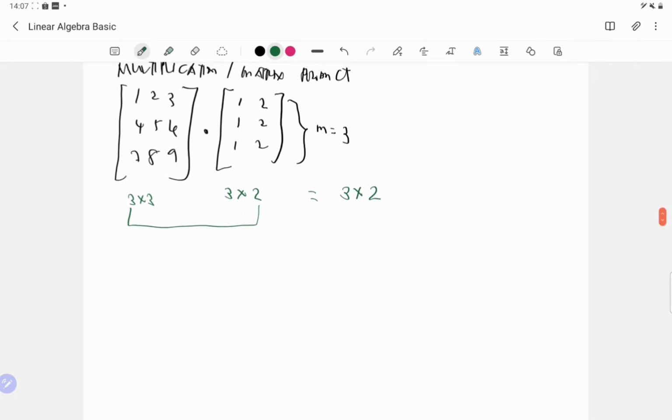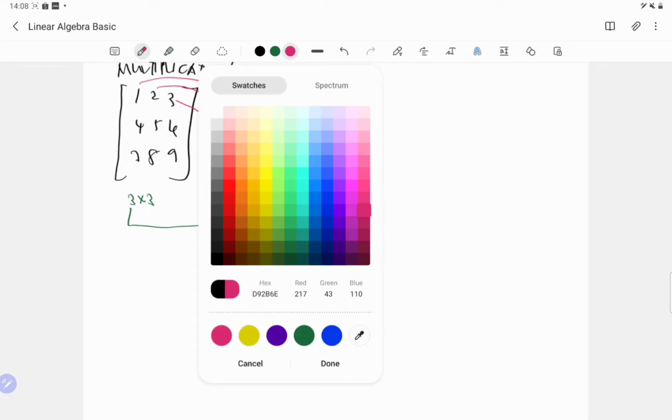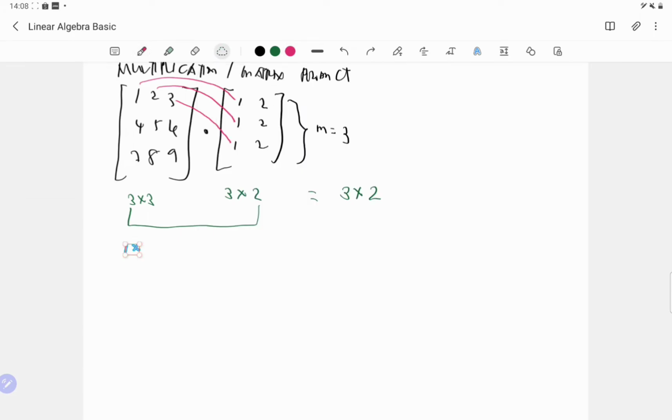So let's do that. In matrix multiplication, we will do something like this. The first row and first column go here, here, here. Okay, let's do this. 1 times 1 plus 2 times 1 plus 3 times 1 equals 6.